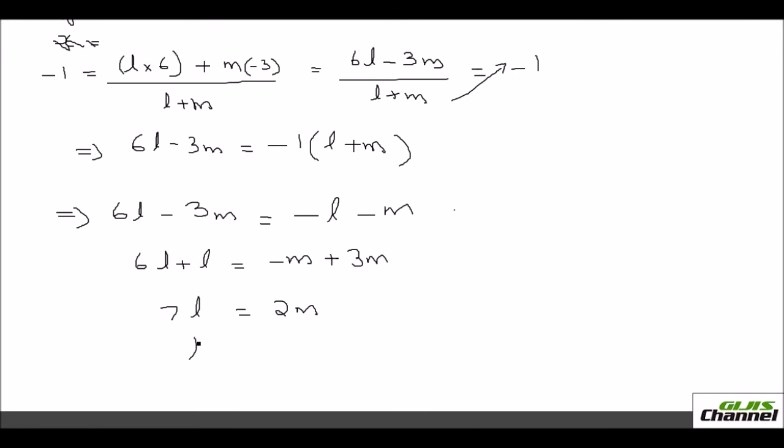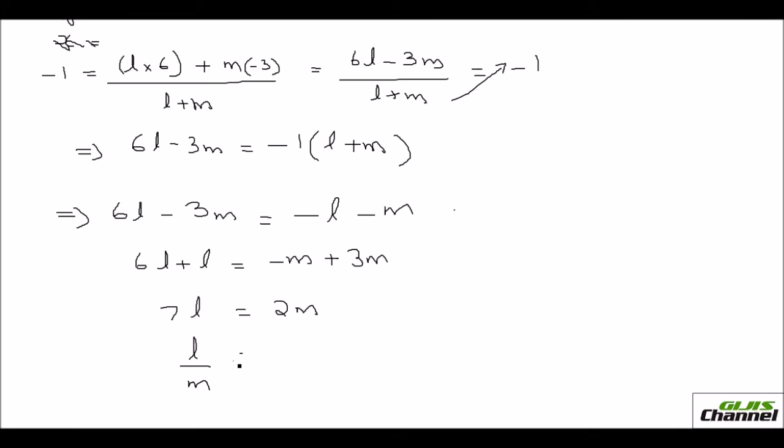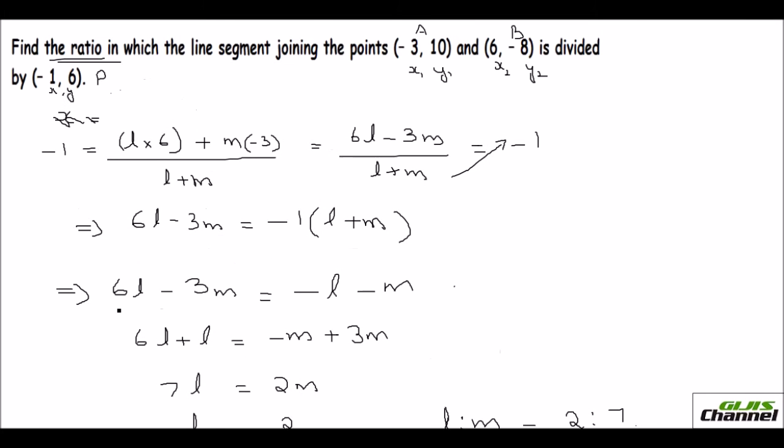So your L over M is equal to 2 over 7, right? So the ratio is L is to M equals 2 is to 7. Got it? This is the ratio. Here I have taken the x values. If you want, you can take the y values.